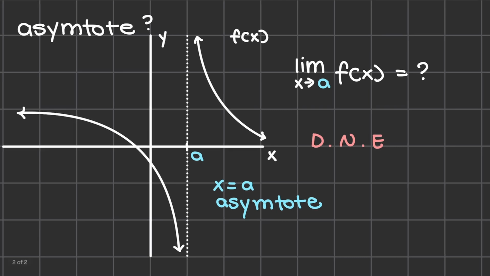So first, on the right side, as x approaches a, y continues to go up until it reaches infinity. This will continue to go up and it won't stop. So therefore, because it never actually reaches a, nor does it need to reach a, but we'll get into that later, the y value continues to go to infinity. But let's look at the left side then. On the left side, you see that the y value continues to decrease.